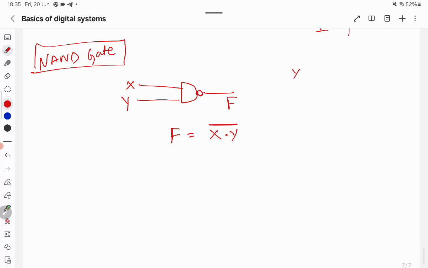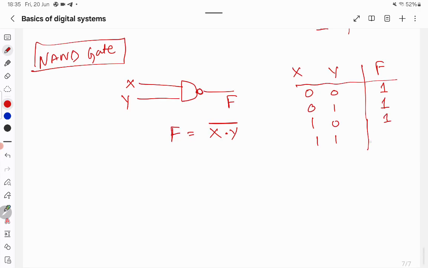The truth table is X, Y, and F is the function. So this is 0 0, 0 1, 1 0, 1 1. 0 and 0 will be 0, but NOT of 0 and 0 will be 1. 0 and 1 is 0, but the NOT of 0 is 1. So all these will be 1, and this one will be 0.